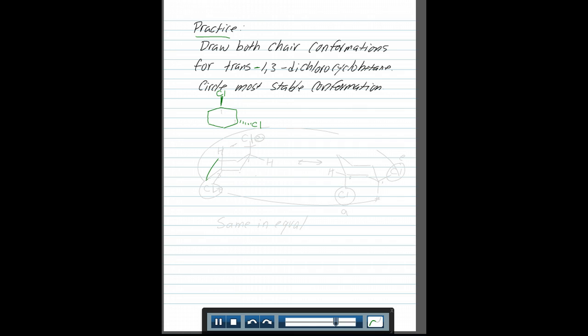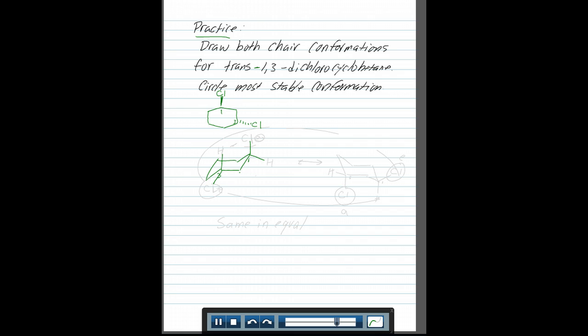Okay, so let's draw this one. It's the 1,3. So I'm going to arbitrarily number this carbon here 1, and so 1, 2, 3. It doesn't matter how you number it; that's just what I arbitrarily use. I'm also going to put the axial and equatorial positions in because I know I'm going to have to put groups there.